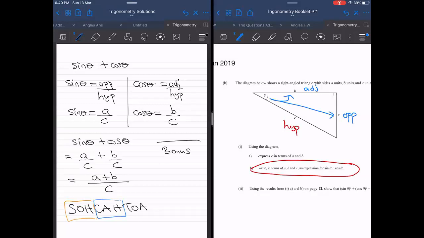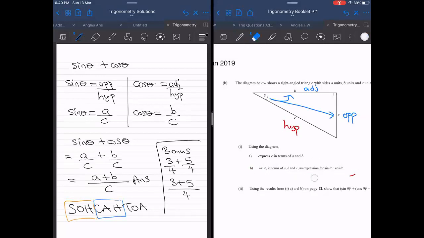So as a bonus, if I have 3 over 4 plus 5 over 4, I keep my denominator and I add the numerators. So that would be your answer.